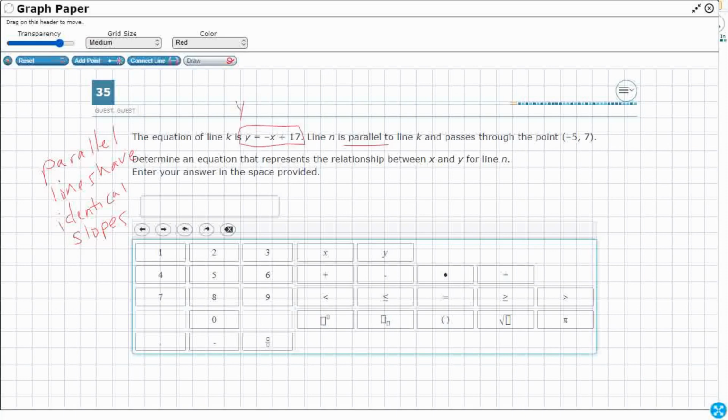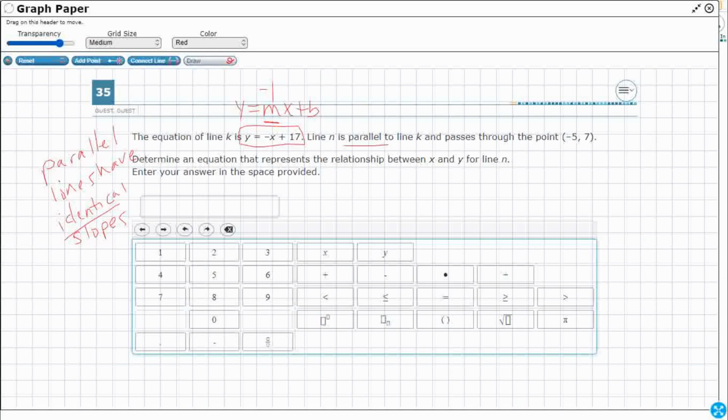Remember, if we're thinking of this in our slope-intercept form, which this is, our slope is going to be right there in front of the x. All we have is a negative x, so we can infer that it's actually -1. So our answer is going to be y equals -1x plus, because remember, identical slopes. All we need now is the new y-intercept of the new line.